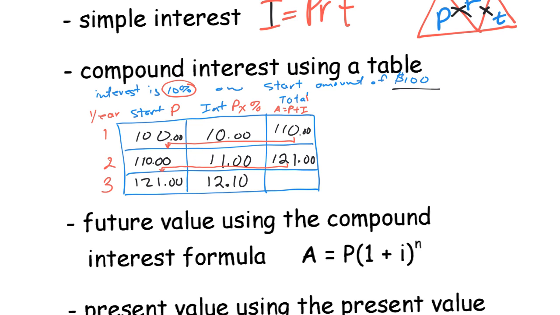And then we add these two numbers in that row to get a total of $133.10.